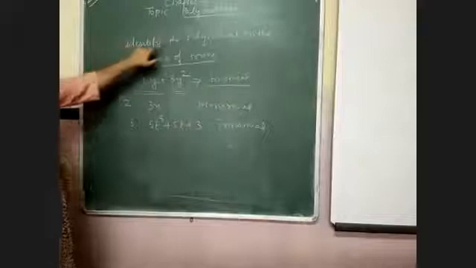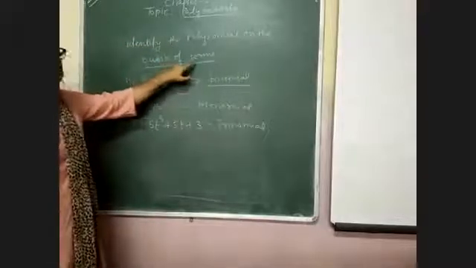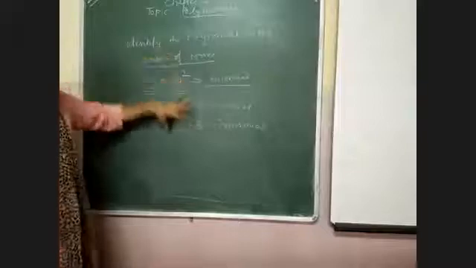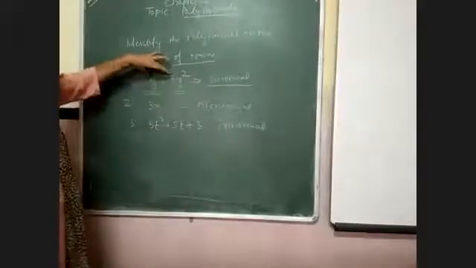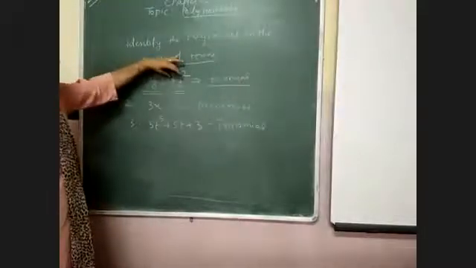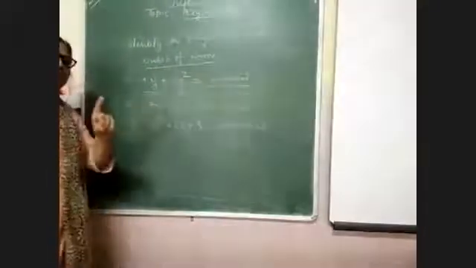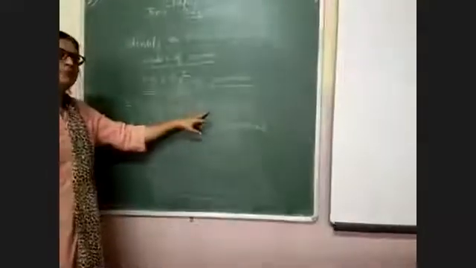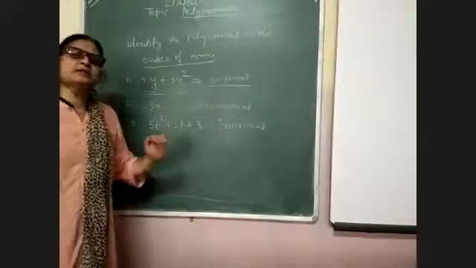So how to identify the polynomial on the basis of terms? You will see how many terms are used in the algebraic expression. Here two terms are used, so it is a binomial. Here only one term is used, it is a monomial. Here three terms are used, it is a trinomial.